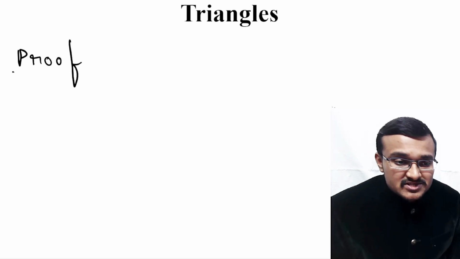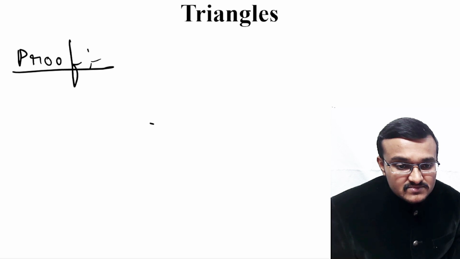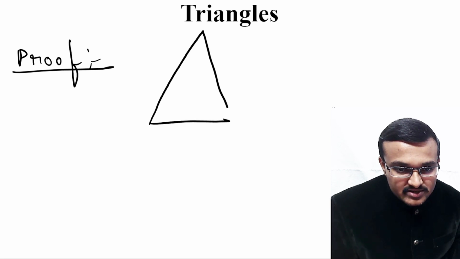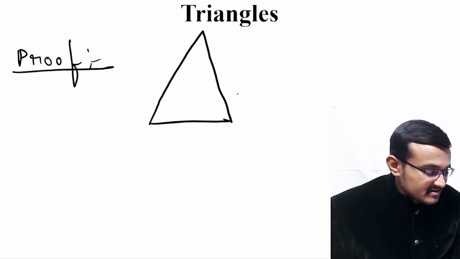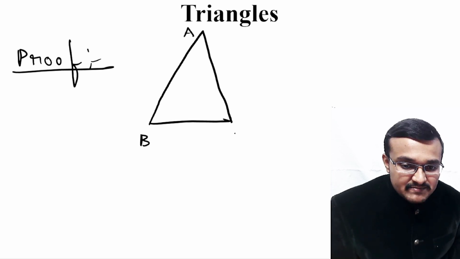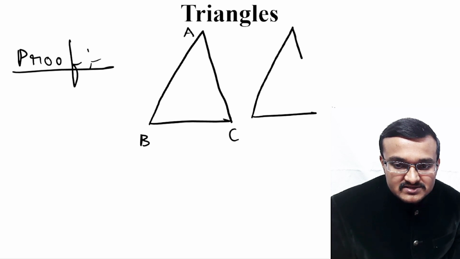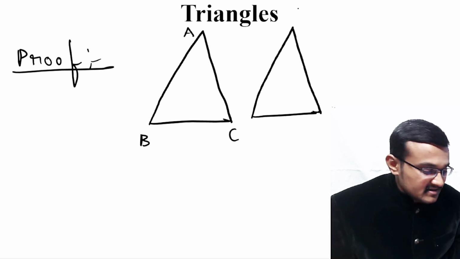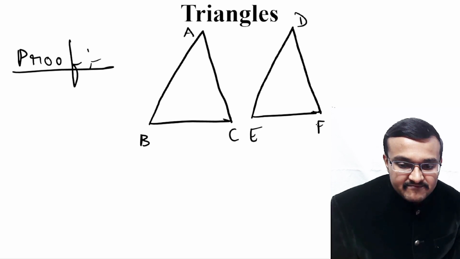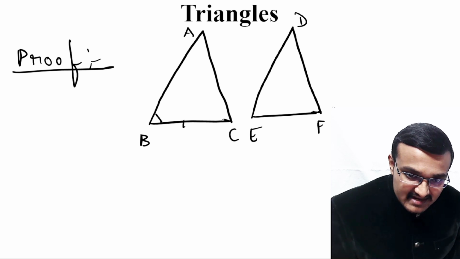In order to prove this theorem, first we will take two triangles. I'll draw two triangle images over here. We will take one triangle, ABC, and we'll consider another triangle, named DEF. Here I'll consider this angle, this side and this angle.